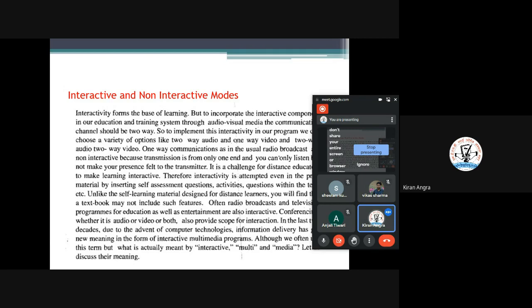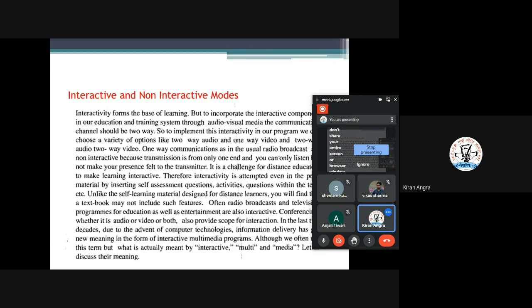Where there is two-way communication, it is interactive. हमने print media दिया where the interactivity is one way, but still by inserting some self-assessment questions, some activities, some questions along with the text, then it becomes interactive. Otherwise it is non-interactive. So this is the way we refer to the interactive and non-interactive modes.